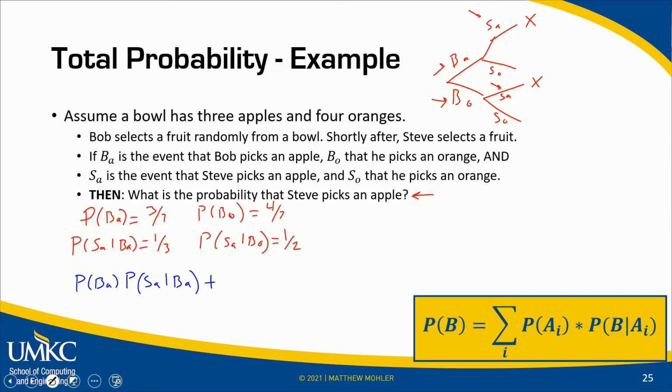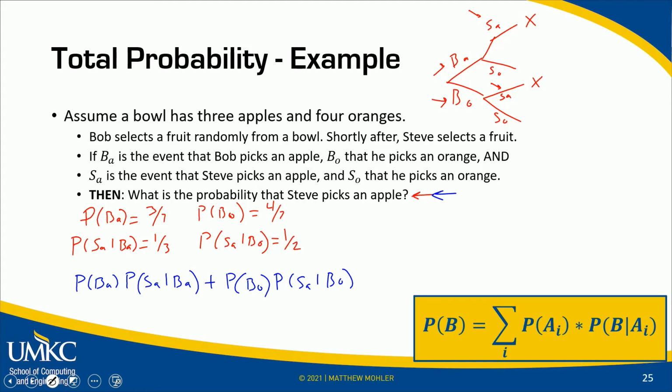And then we will add that to the probability that Bob picked an orange multiplied by the probability that Steve picked an apple conditioned on the fact that Bob picked his orange. And with that, we can plug in some numbers, because this is ultimately, by total probability theorem, the question we're after, the probability that Steve picked an apple.